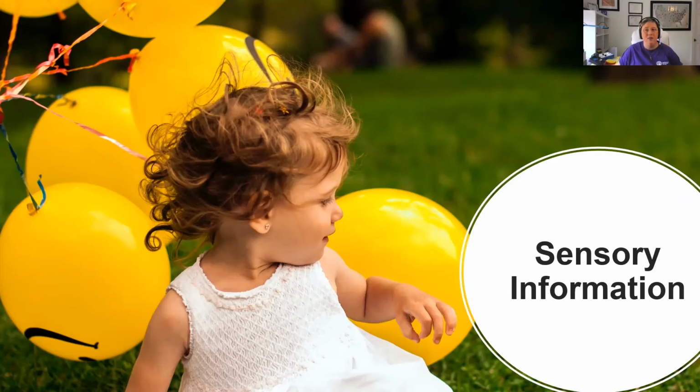Now, what are the near senses she's experiencing? Can you tell me in the chat? What near senses is she experiencing? Touch. She is experiencing touch, right? The balloons are touching her. She might have her hand down on the grass next to her, maybe on a blanket.